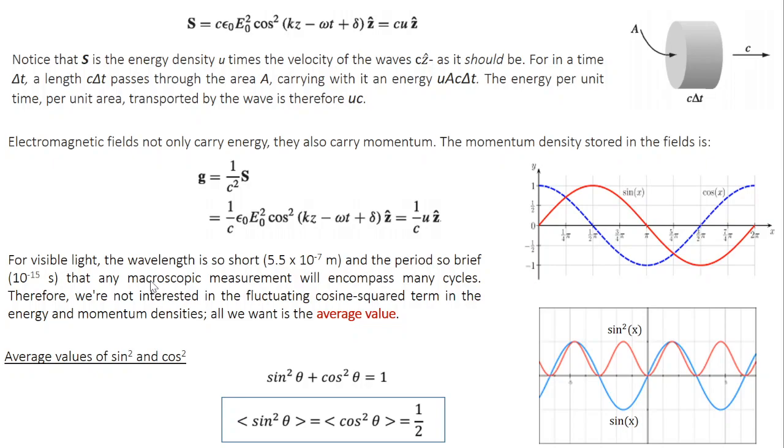What you are measuring is the average value of the function and not the instantaneous value. So even though it's nice to define the instantaneous values of energy density, momentum density, etc., practically it makes more sense to define the average values of these parameters.